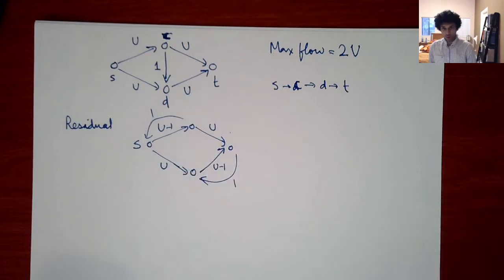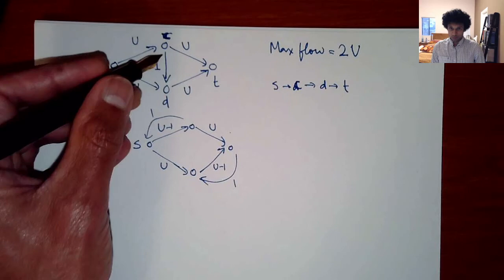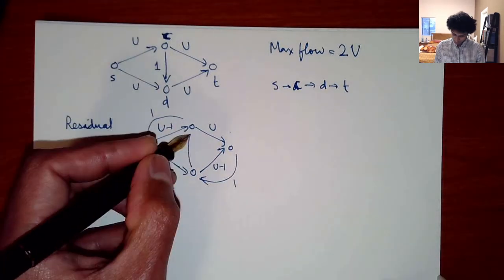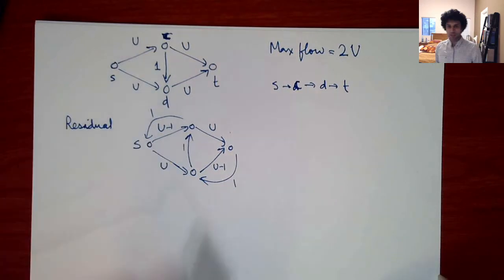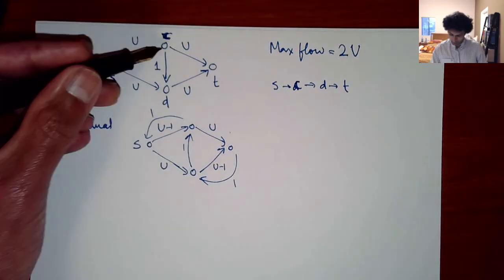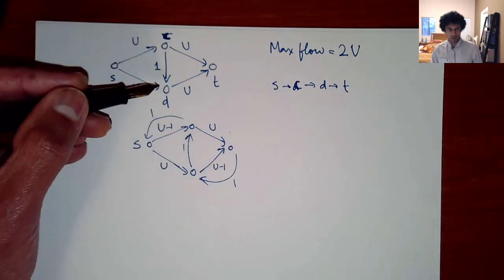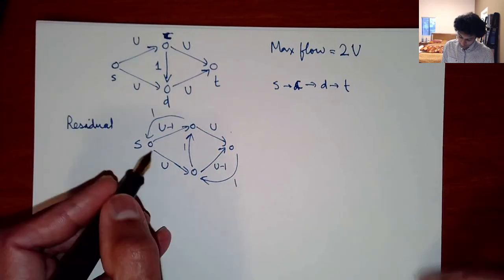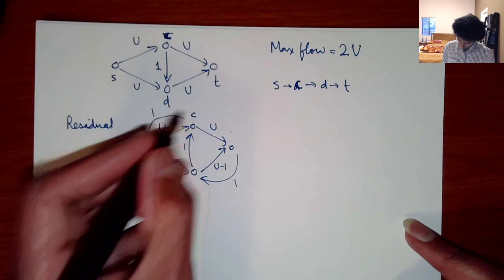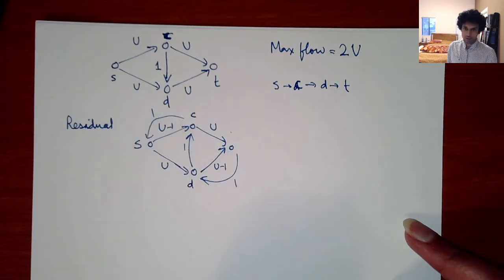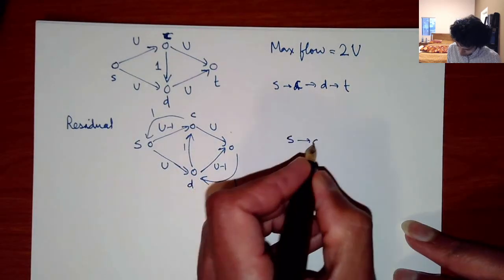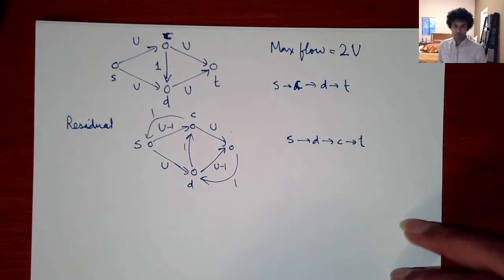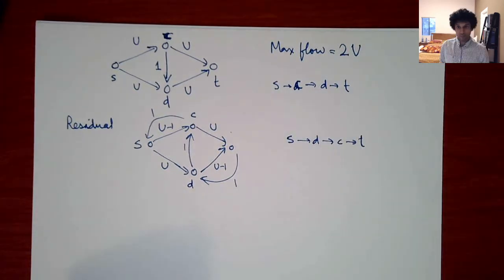You're going to put 1 unit there. So you've eaten up the capacity on this, but you'll have an opposite capacity of 1. That's the residual, because you sent 1 unit here, and so you could cancel that out. And so in the next turn, given this residual, you could send S to D to C to D. You could send 1 more unit that way.